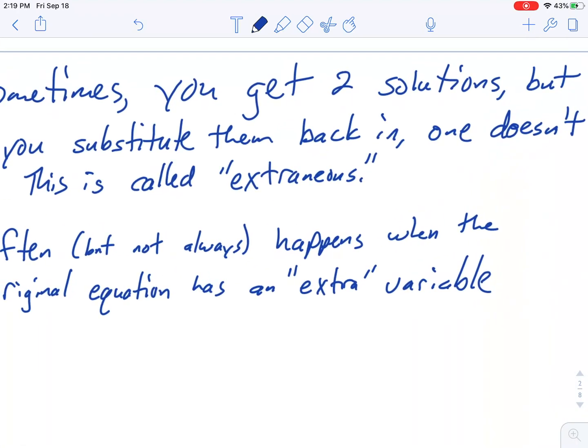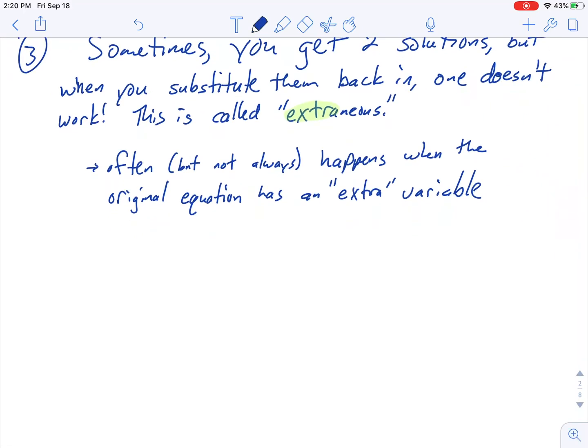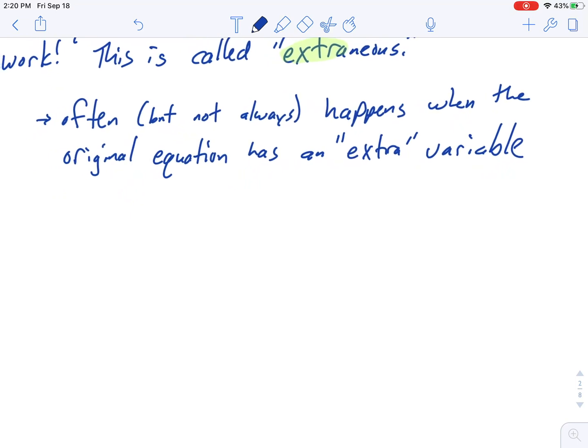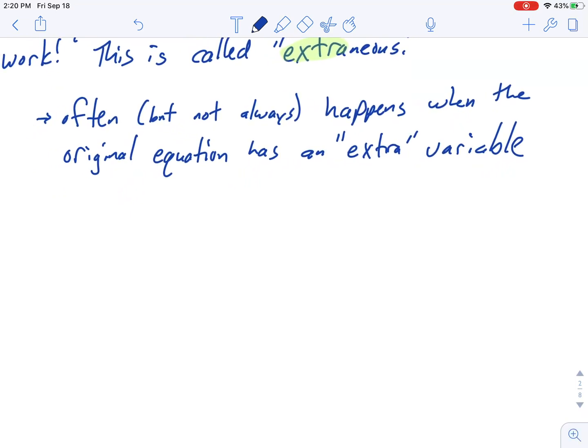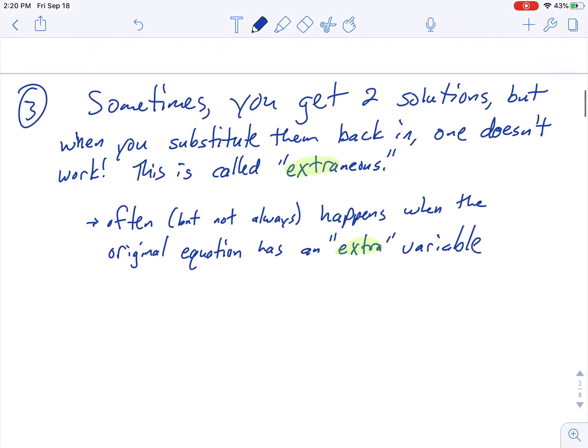The one that doesn't work is extraneous, which I think is just a smart sounding way of saying extra. That solution is extra, it does not really work. Often, but not always, this happens when the equation has an extra variable. So when we get to examples, I'll show you what that means. Those are going to be down toward the bottom of the page.